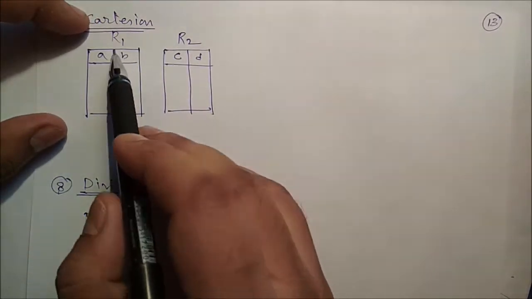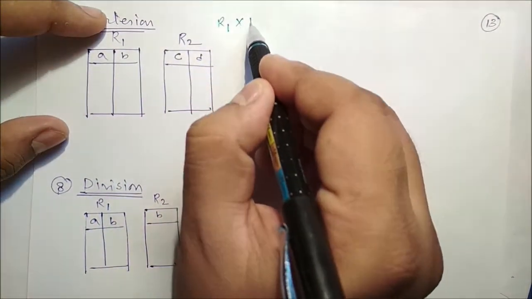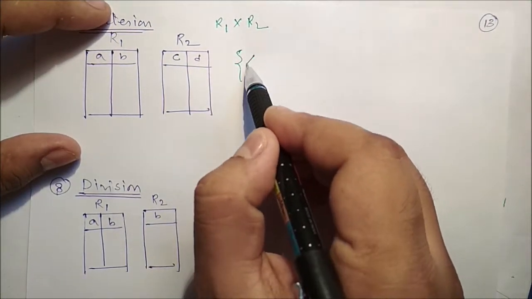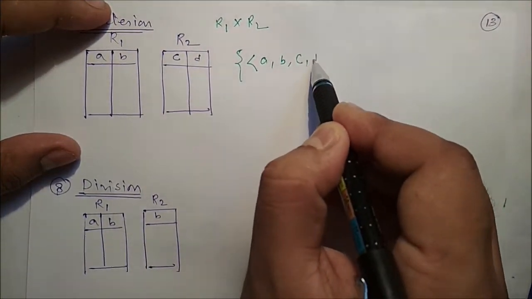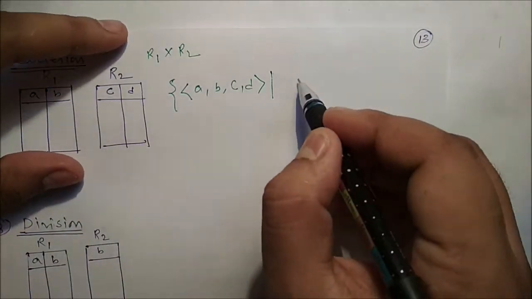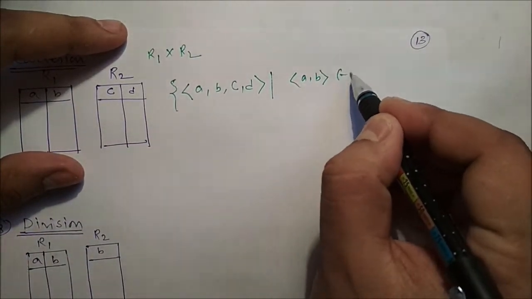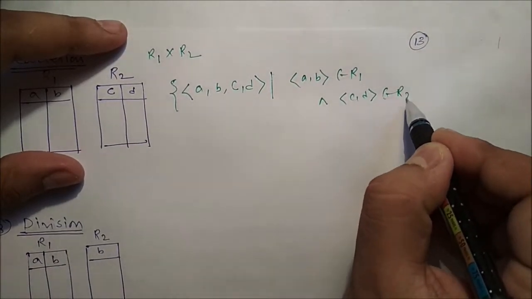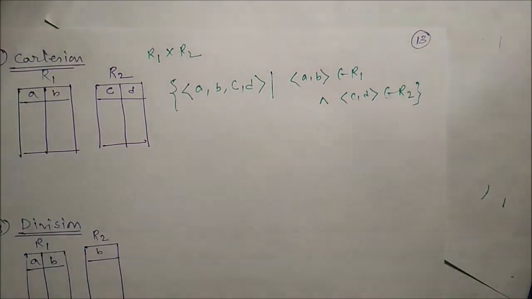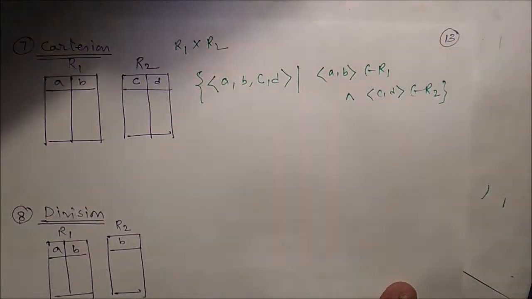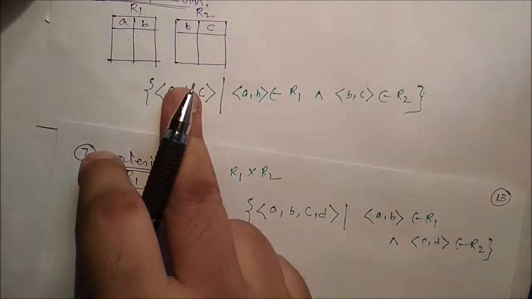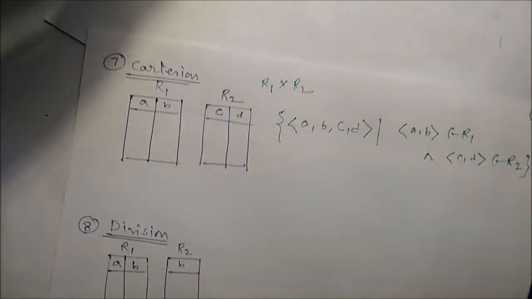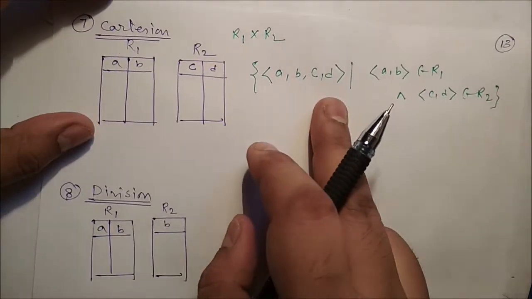Two tables are there, R1 and R2, and we want to apply R1 cross R2. It is a very simple way to implement: A B C D where AB belongs to R1 and CD belongs to R2. What is the difference between Cartesian product and natural join? In natural join one common attribute, B, is there, but in Cartesian product no common attribute is there.